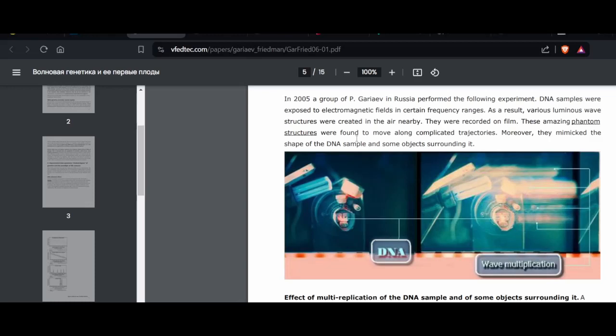So we're seeing this phantom effect. Not only is it there, but according to the authors, it mimics the shape of the DNA sample. So it's actually that spiral helix DNA. So that's their image from this paper. And again, they have the physical objects too, the non-biological samples also have that same phantom effect.